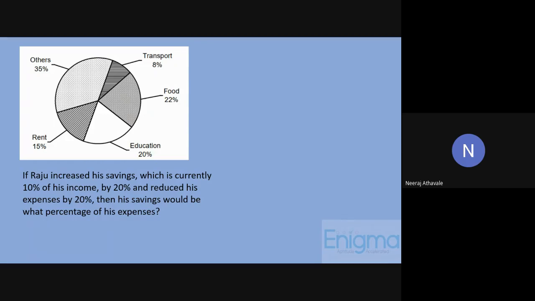Okay, let's see. Others try to do it. Prasan Raj, you also try it again. 25% is wrong. Fifty is also wrong.